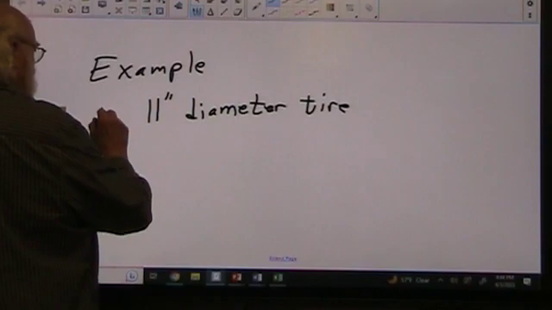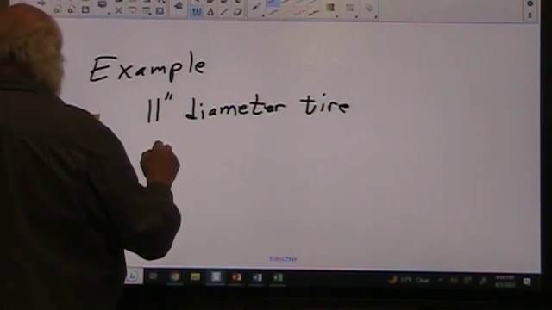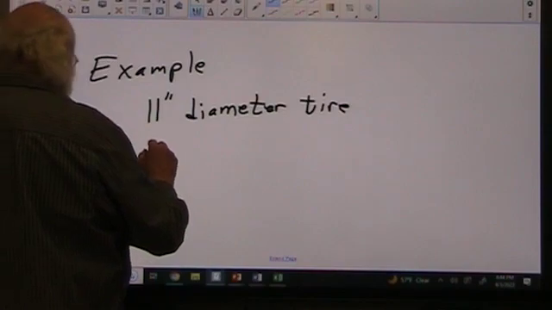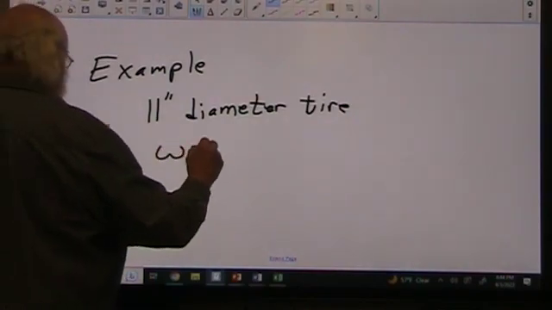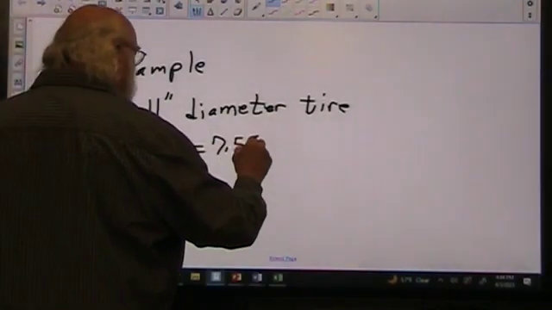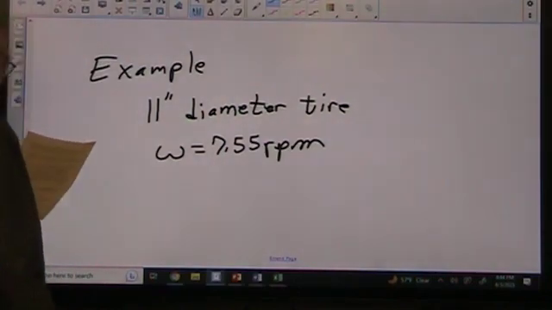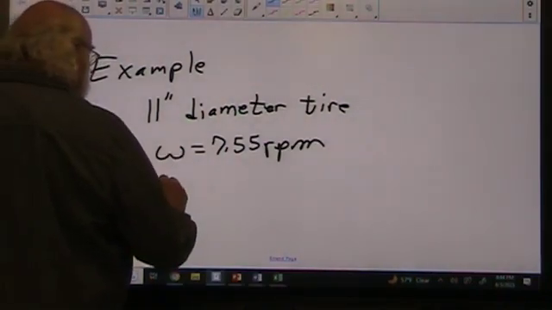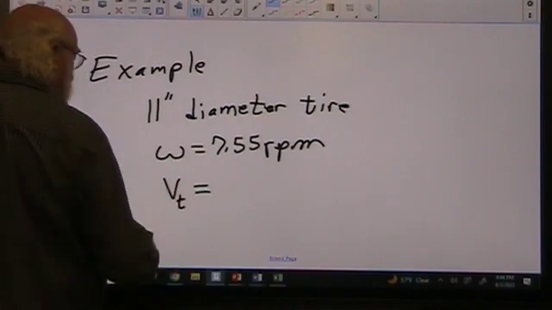This is the angular velocity. We said is 7.55 RPMs. Okay, and the question is, what is its translational velocity? So I'll put V sub t for this, for translational.